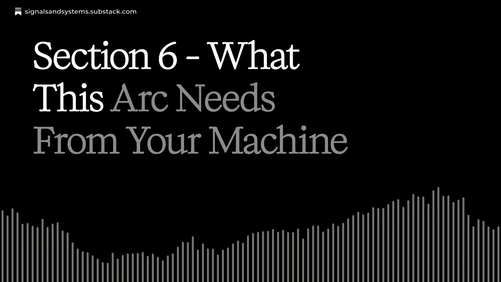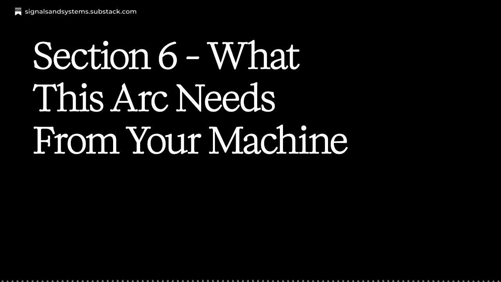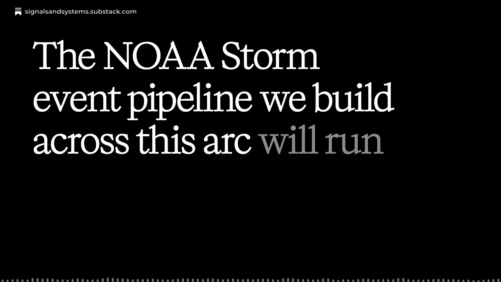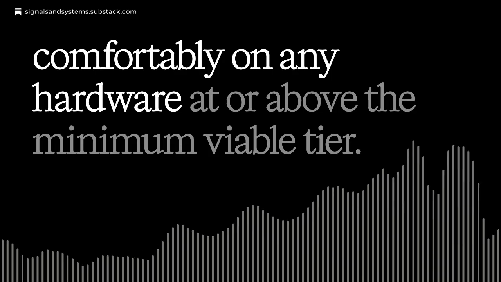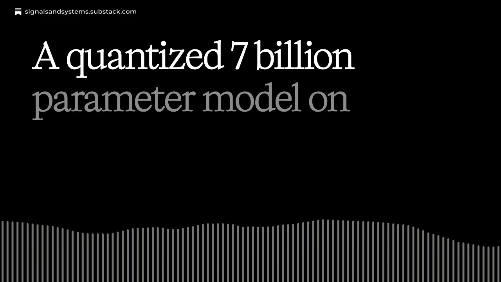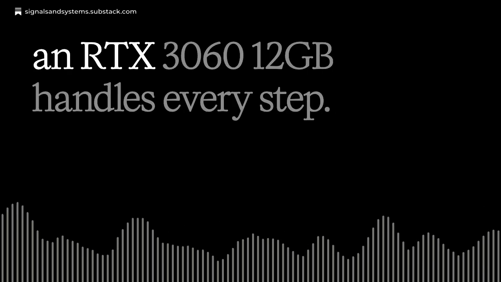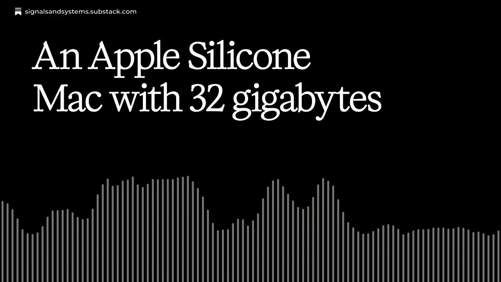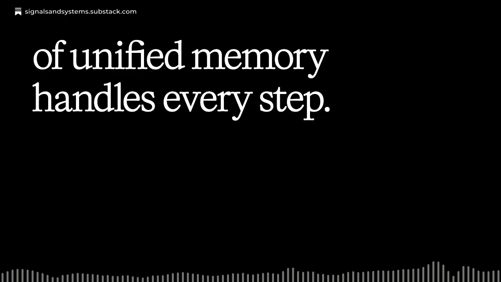Section 6. What this ARC needs from your machine. The NOAA Storm event pipeline we build across this ARC will run comfortably on any hardware at or above the minimum viable tier. A quantized 7 billion parameter model on an RTX 3060 12 gigabyte handles every step. An Apple Silicon Mac with 32 gigabytes of unified memory handles every step.